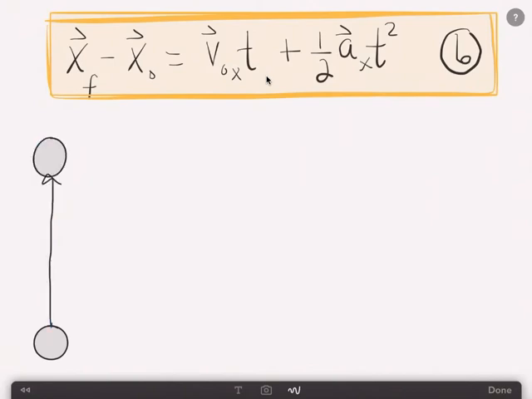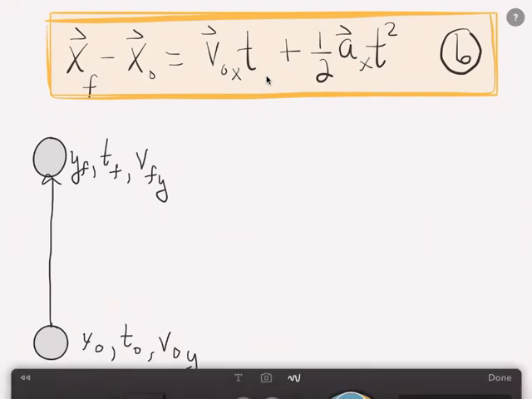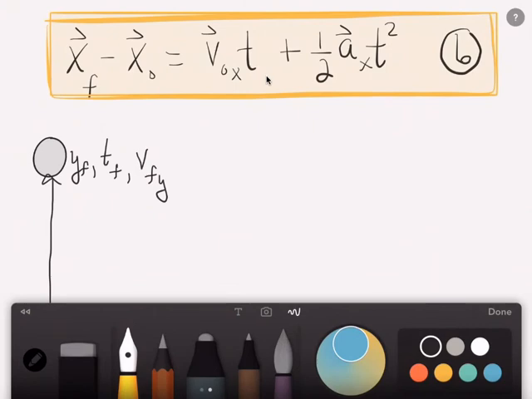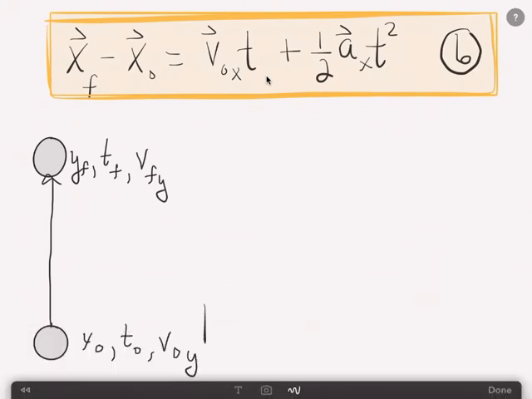Okay, and we have some initial y here, and some final y, and some initial t, and some final t, as well as some initial velocity and some final velocity in the y direction. Okay, we can write a similar equation. And that similar equation looks like this.